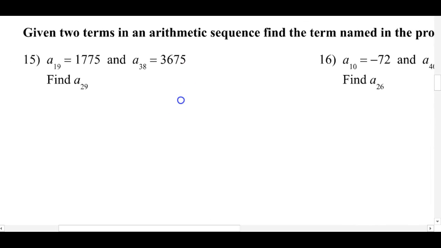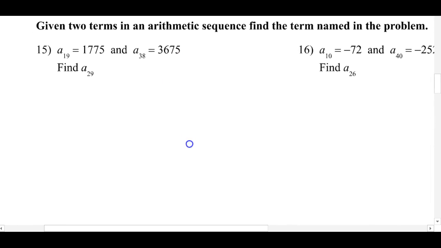Okay, now this one. I went over this in class. This is a little bit different than what you guys have seen before. You're still using the explicit formula for an arithmetic sequence, and it's that a sub n, same one I just wrote, equals a1 plus n minus 1 times d.